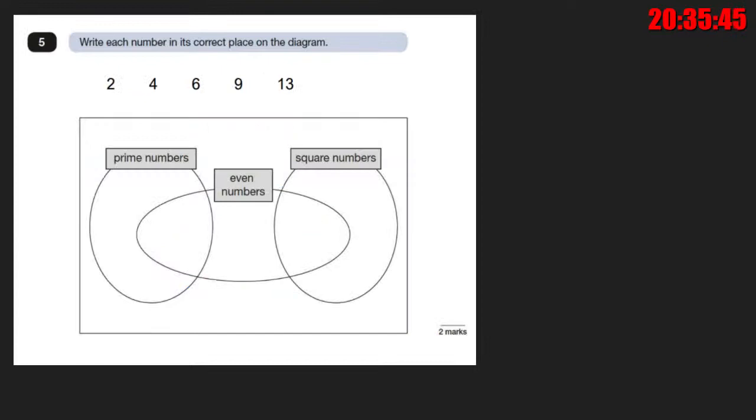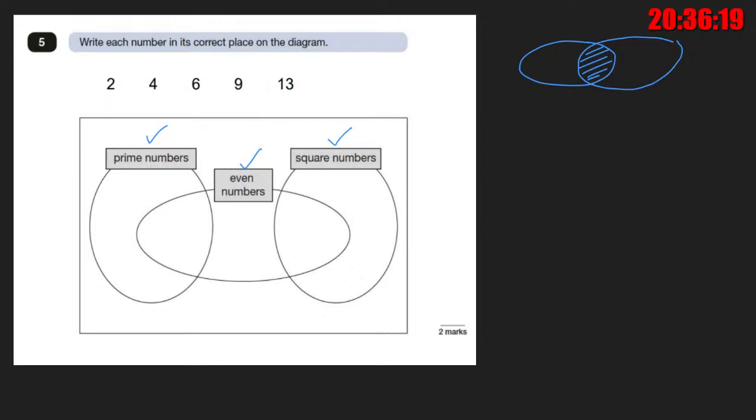Question number 5. Write each number in its correct place on the diagram: 2, 4, 6, 9 and 13. The categories are prime numbers, even numbers and square numbers. You need to be very careful with the intersection region. What is the intersection region? If two sets intersect, the intersecting region belongs to both of them.